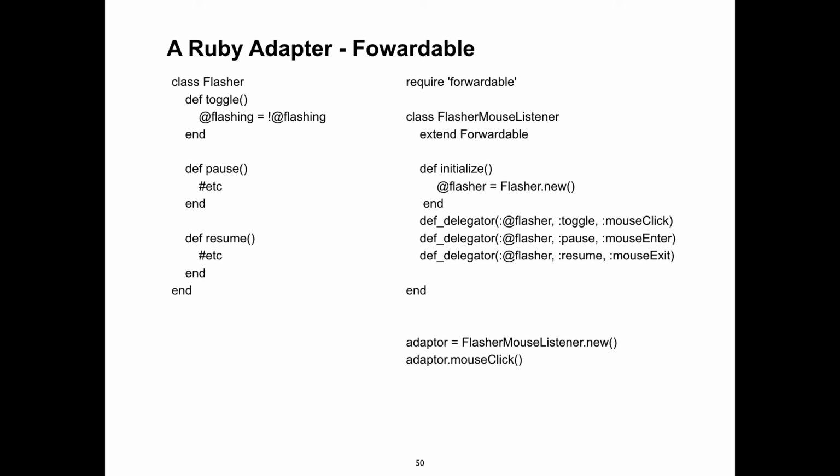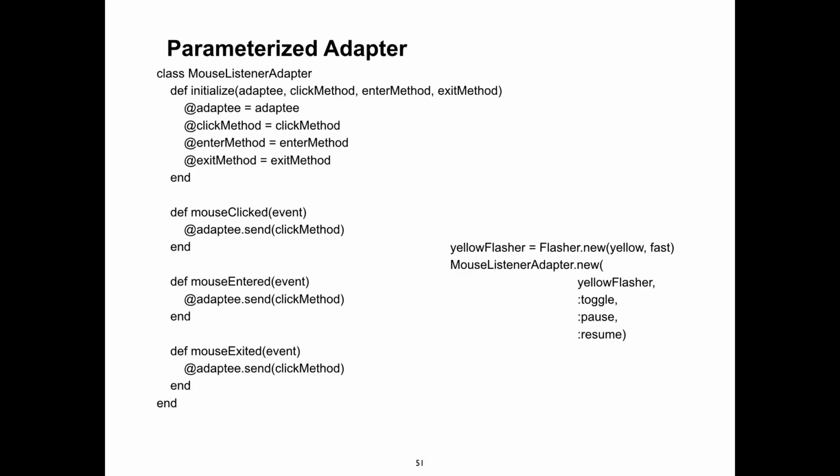So for simple adapters, we can also pass in parameters which are mappings. In Ruby, you're basically passing in the names of the functions, and then we have ways of calling them. Now with lambdas, we do the same thing.